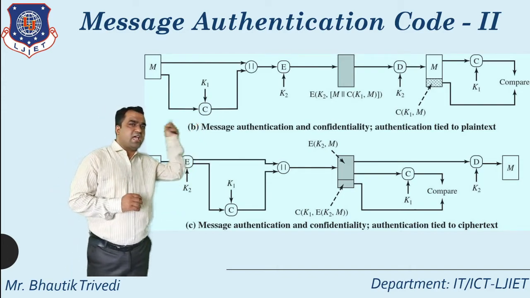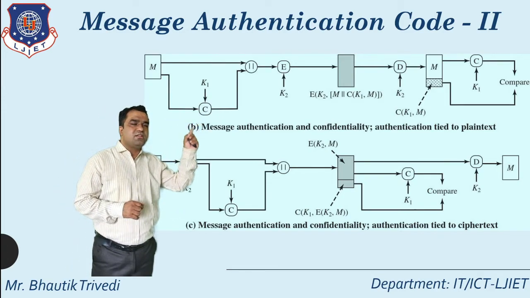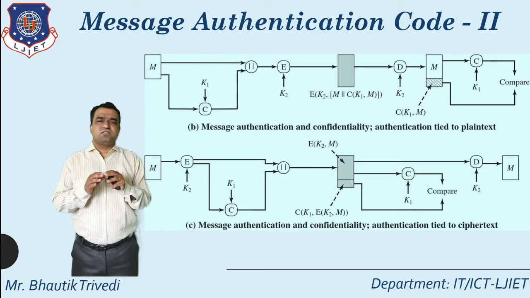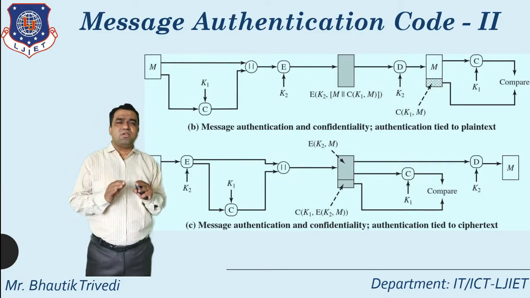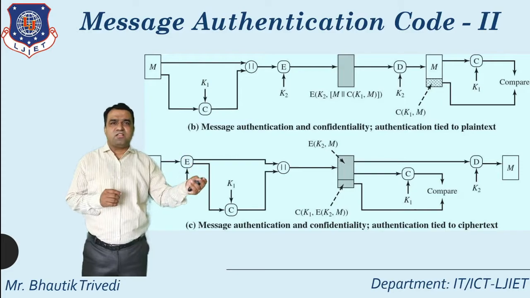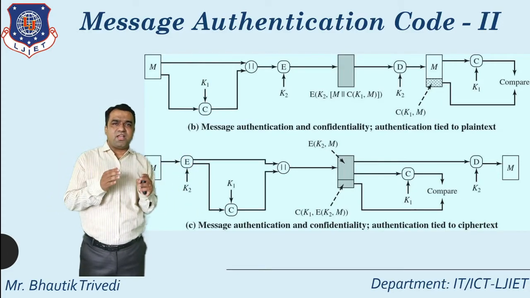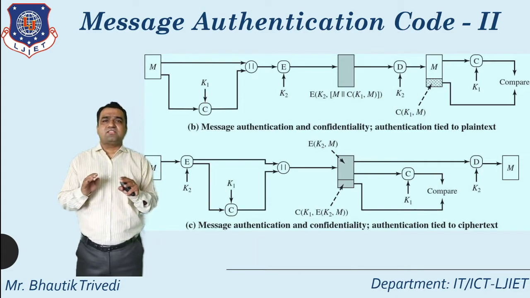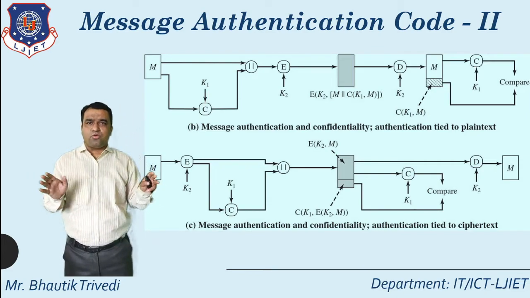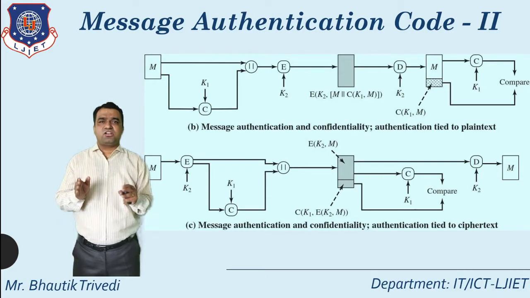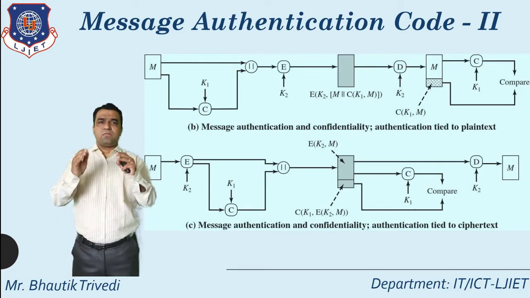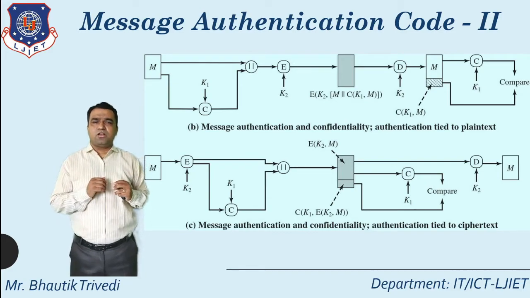After that, the diagram that I put here, the logic remains as it is. You apply the decryption, you apply the cryptographic checksum, then you compare, and that remains as it is. So this is the most important thing. Message authentication code technique number 1, message authentication code technique number 2.